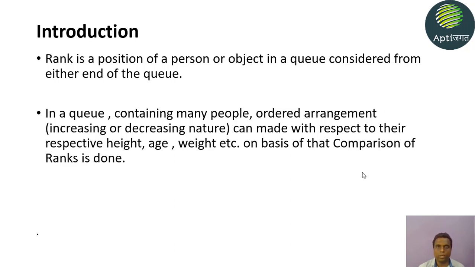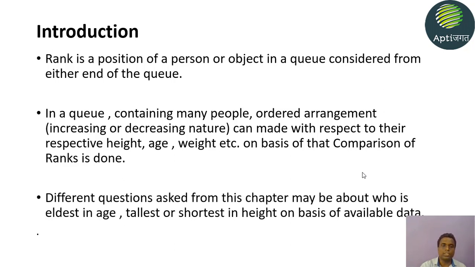Means shorter ones will be at front and taller ones will be at last. On the basis of this, we can give them ranks. We can consider who is the tallest among the queue, who is the shortest, and who is the middle one. So we can make comparison of ranks on the basis of these different attributes like height, weight, ages.